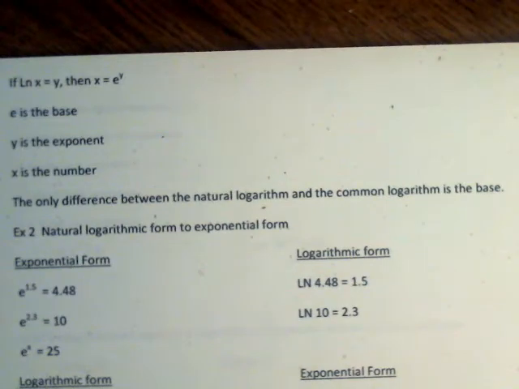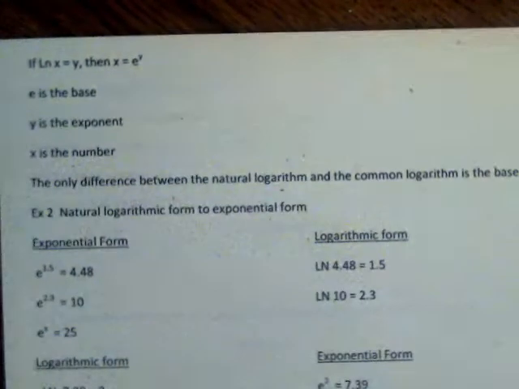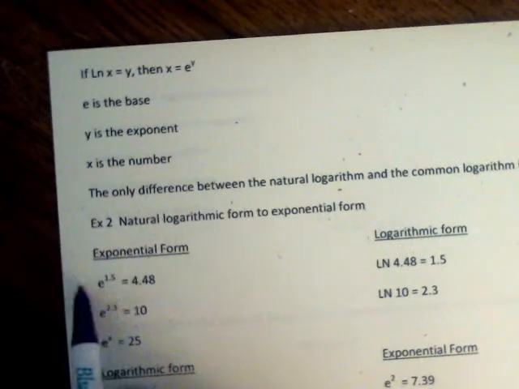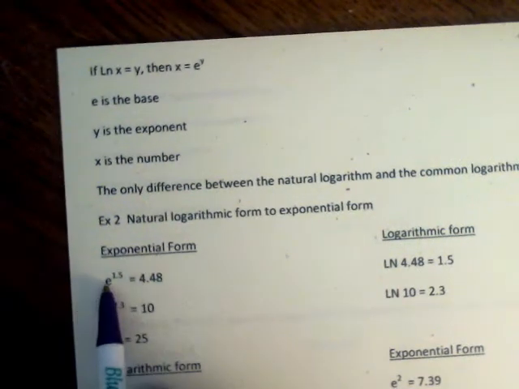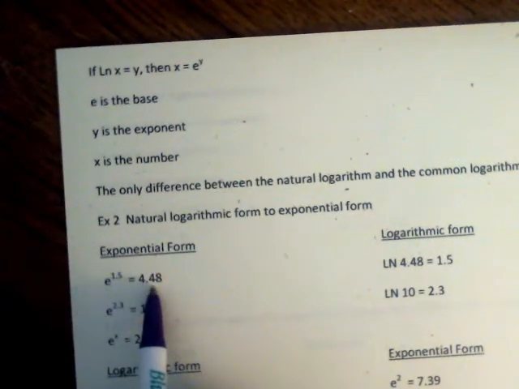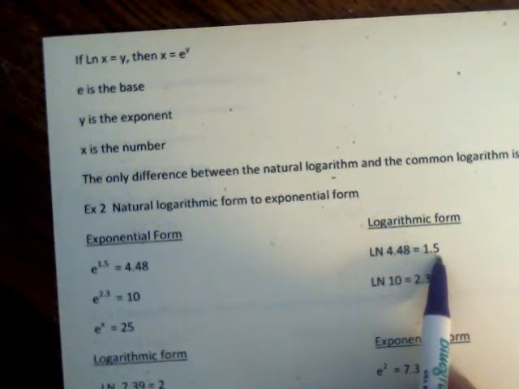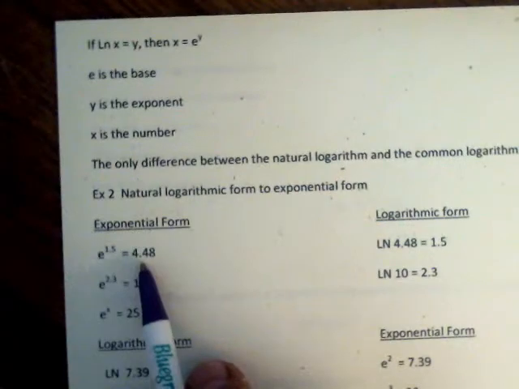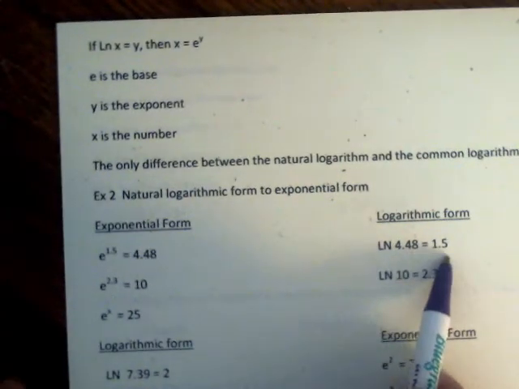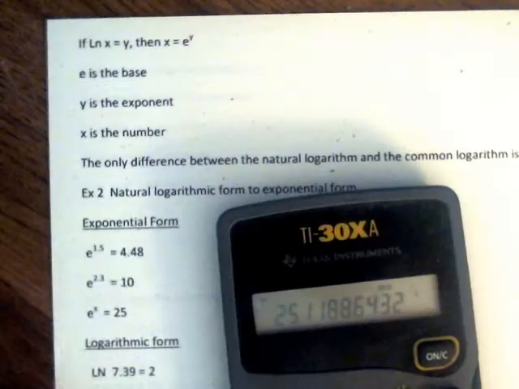Logarithms, exponentials, different bases. So the exponential form of a natural logarithm is e to a power gives me a number. As a logarithm, log of the number equals the power. So again, log of the number equals the exponent. If you're not sure, do it on your calculator.